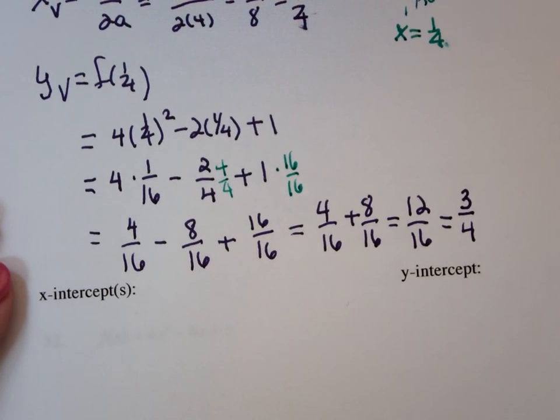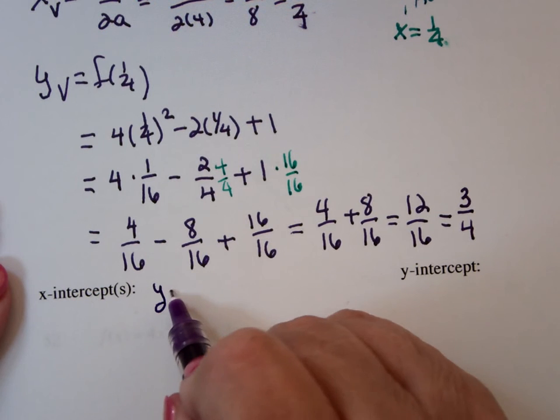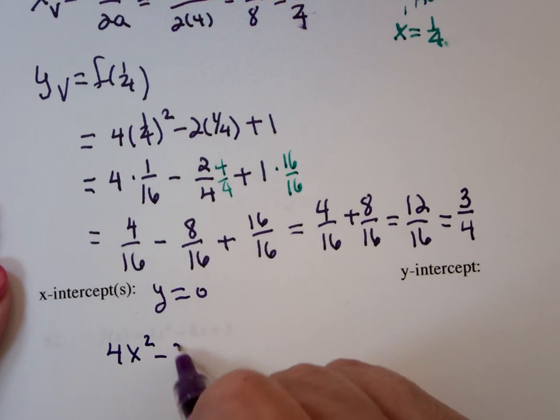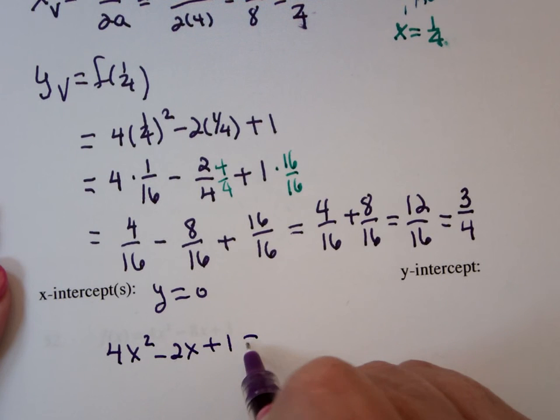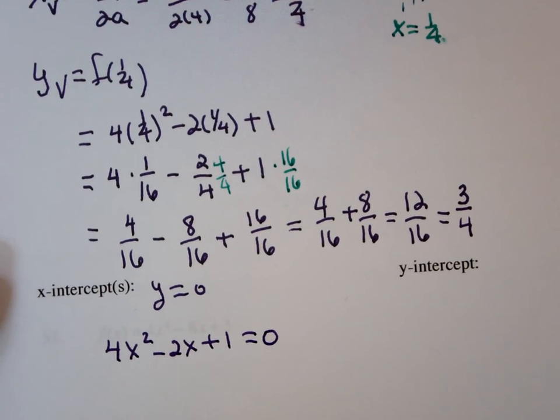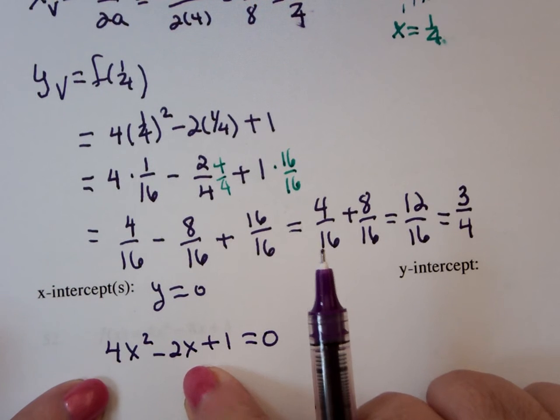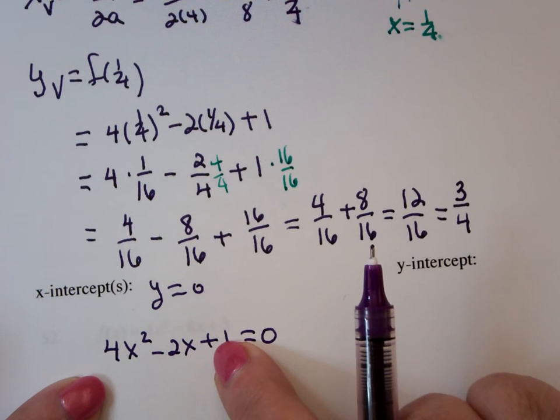So the x-intercept is where y equals 0. This is where 4x squared minus 2x plus 1 equals 0. This thing does not factor, because I need a 2 in the middle. And this says that the inner and outers add together.